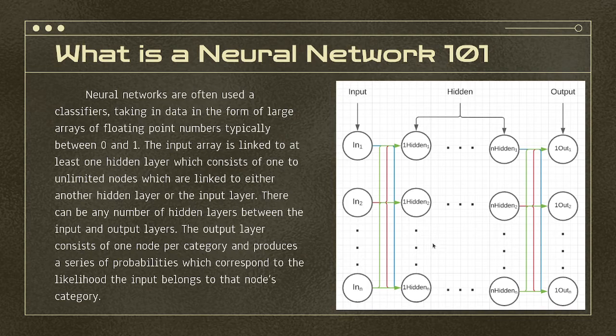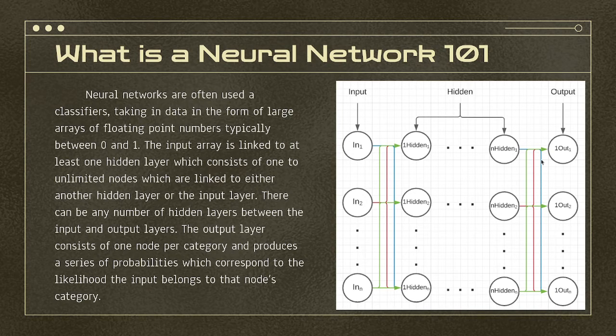Now, each layer of hidden nodes can then be attached to either another hidden layer or the output layer. You can feasibly have an unlimited number of hidden layers, and each layer can have an unlimited number of hidden nodes.